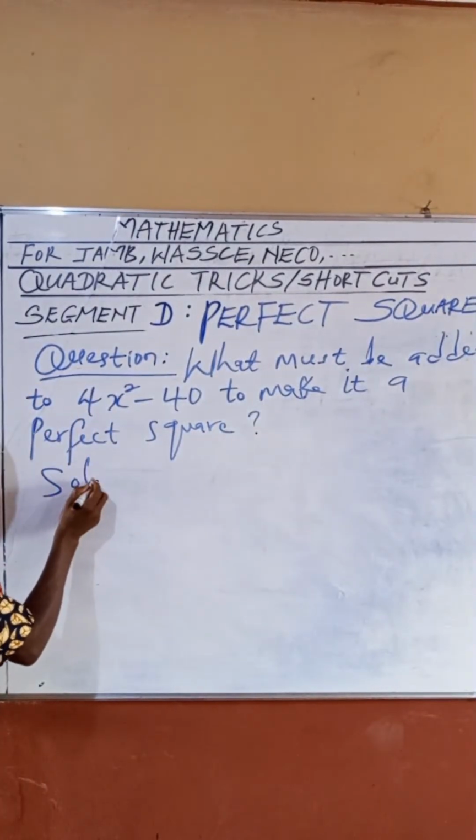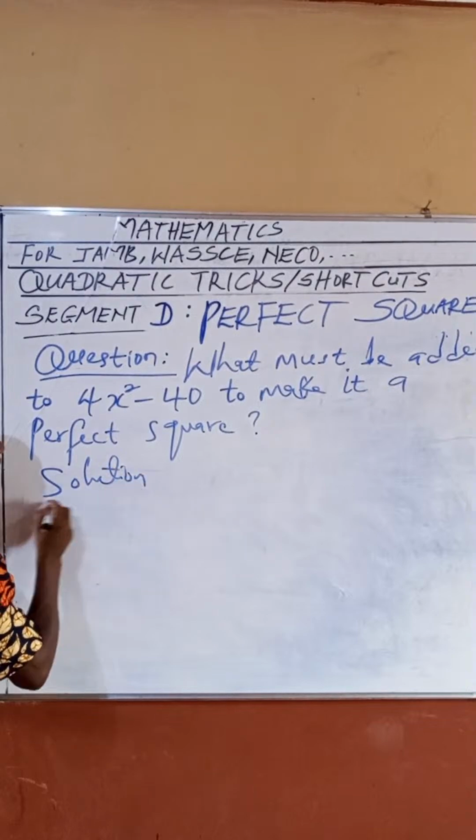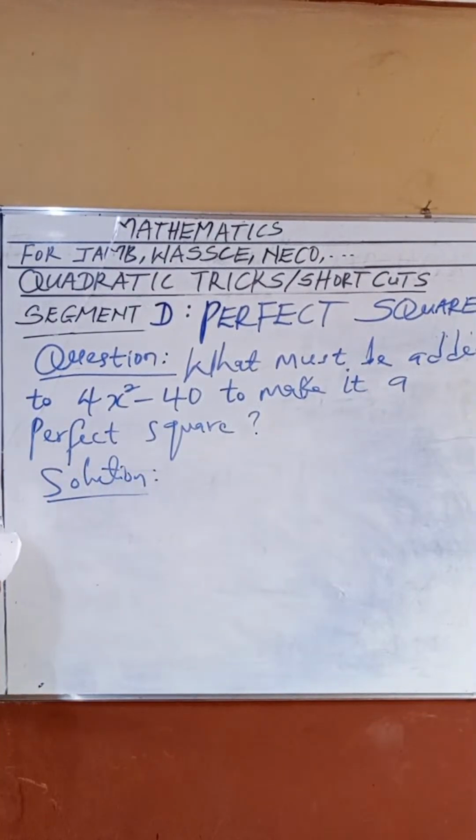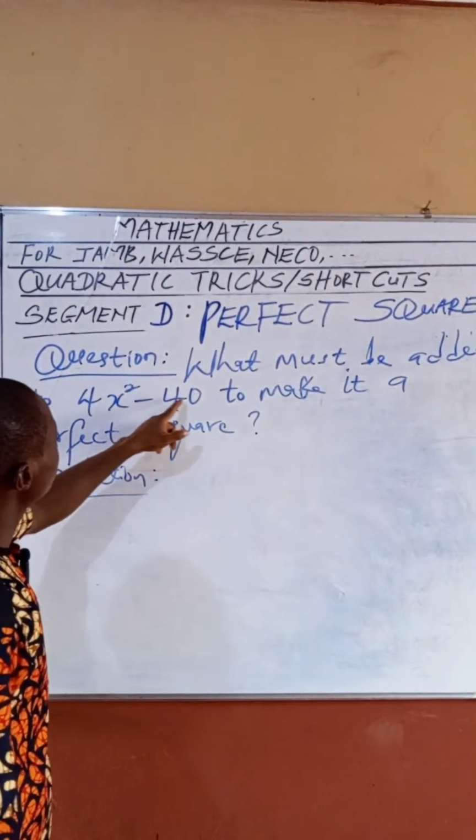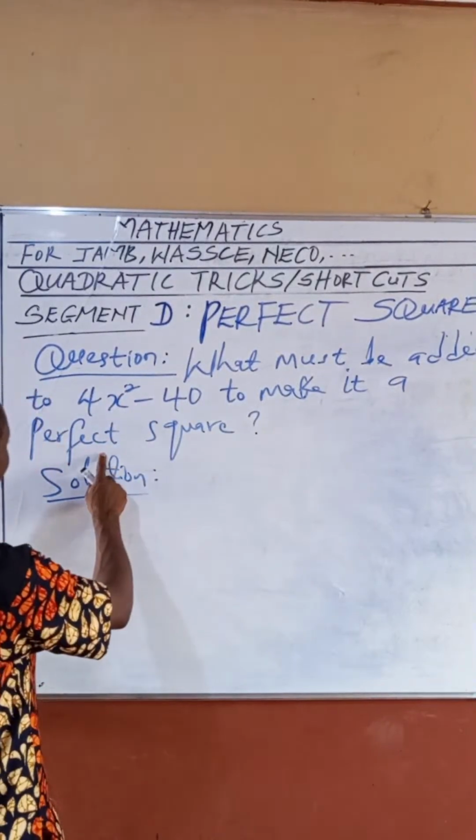Solution. So this is a typical question under perfect squares. So the question is, what are we going to add, or what must be added to 4x squared minus 40 to make it a perfect square?